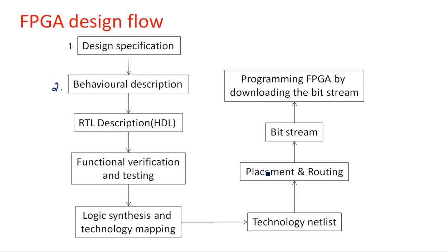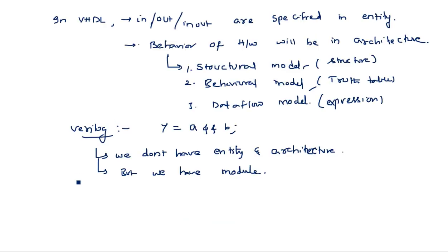In this way, we are going to write the structure and behavior of this hardware description, and the next step is RTL description, where this hardware description language is converted into a register transfer level description. We can say this third step is nothing but RTL description, where the program will be converted into RTL.